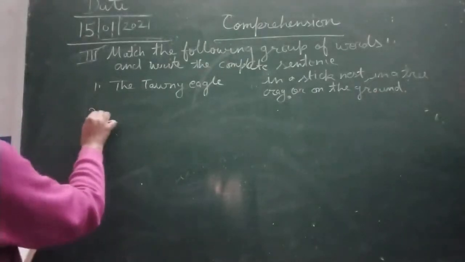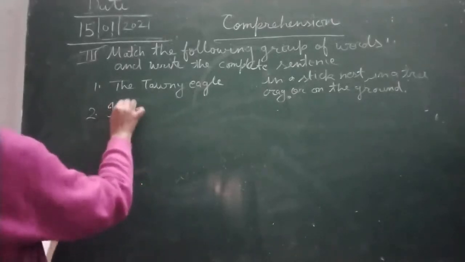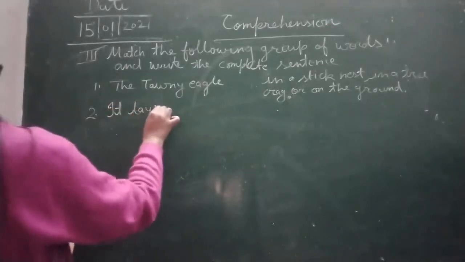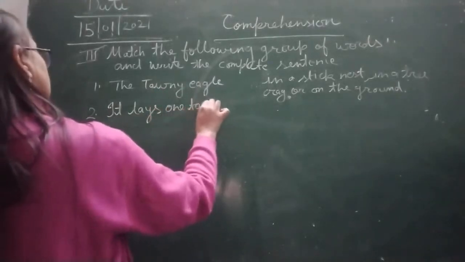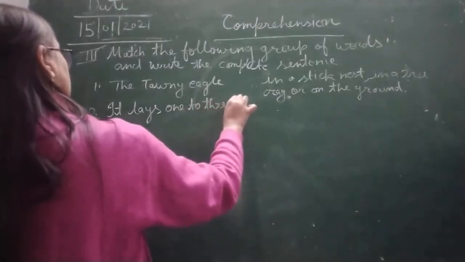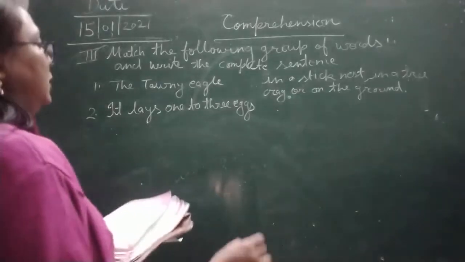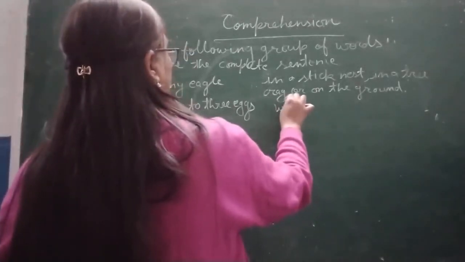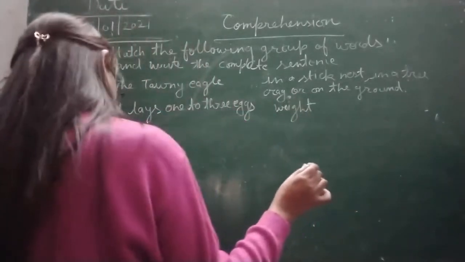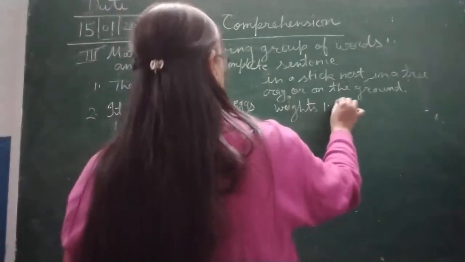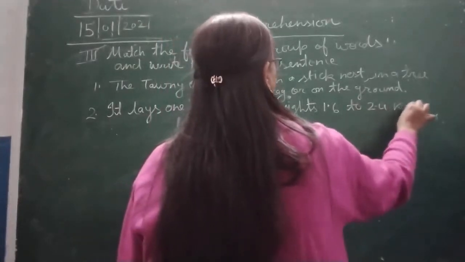Now we are moving to the second line. It lays 1 to 3 eggs. Now wait, one point here: weight 1.6 to 2.4 kg.